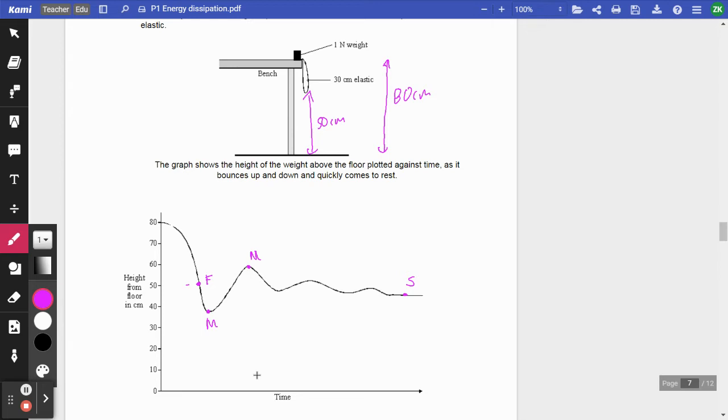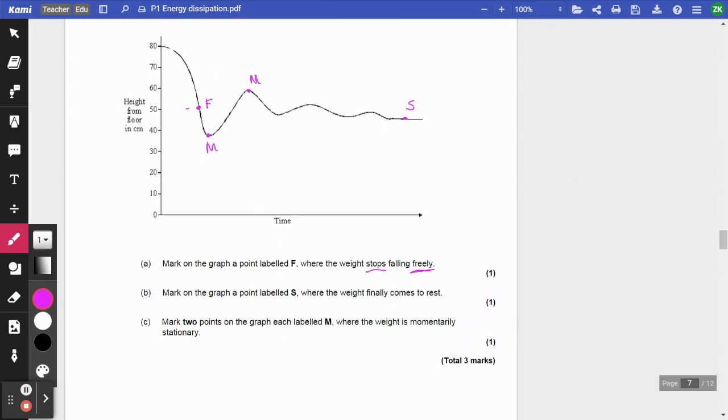It will momentarily come to a stop at the bottom when the elastic band is fully stretched, and at the top, where it comes to a certain height and then falls back down and bounces up and down. Those points could have been here, here, here, and they are the top of the bounce each time.